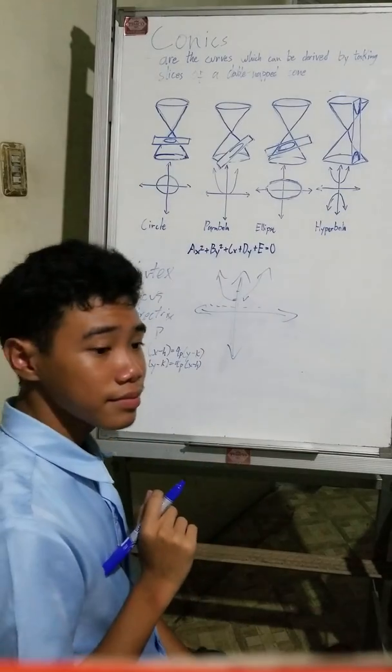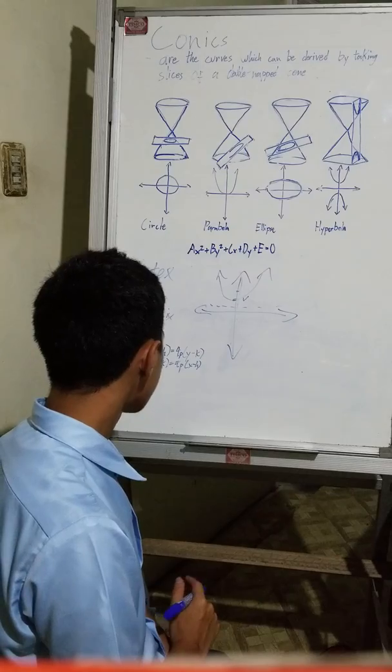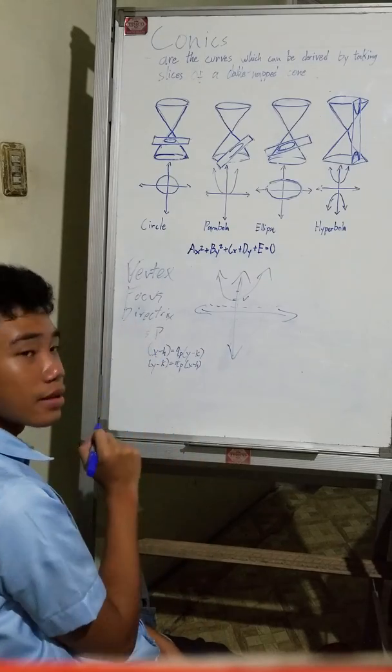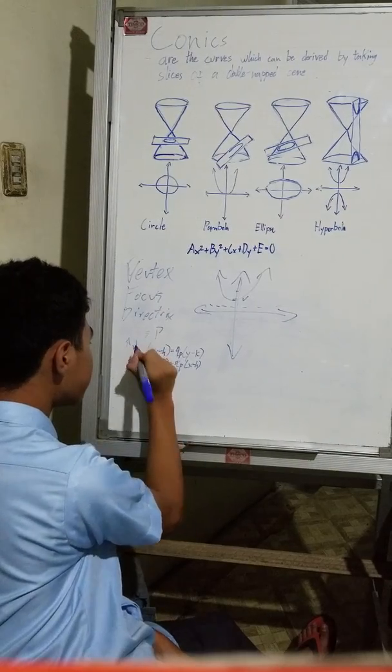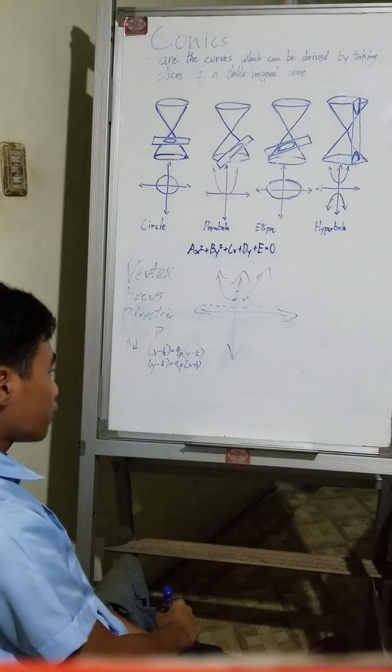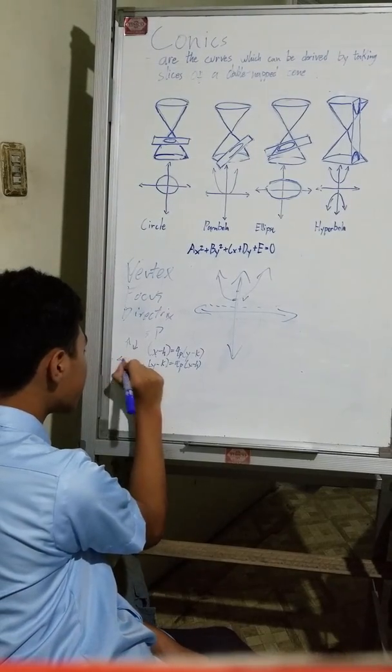Now what does this mean? If it's the first one, that means it's going to be up or down. If it's the second one, it will be left or right.